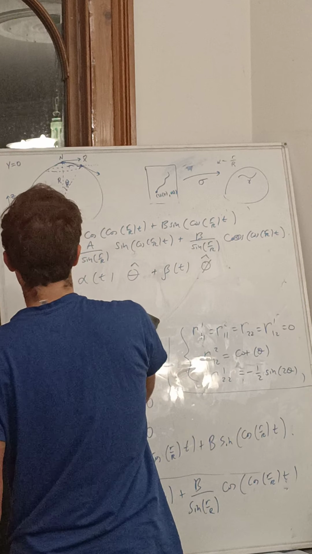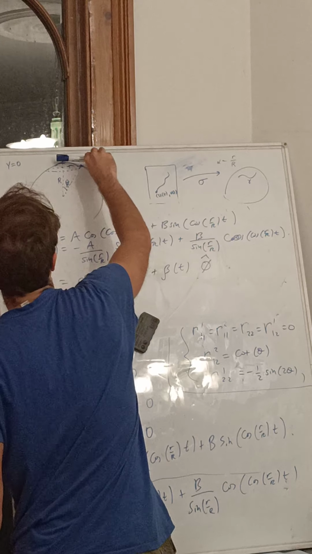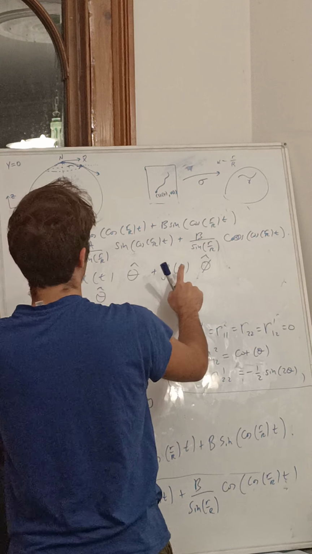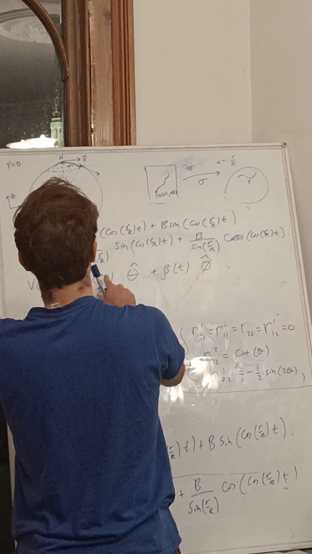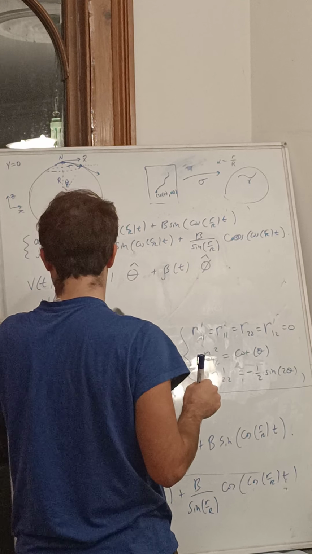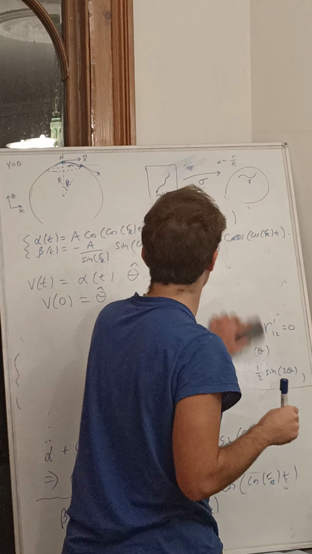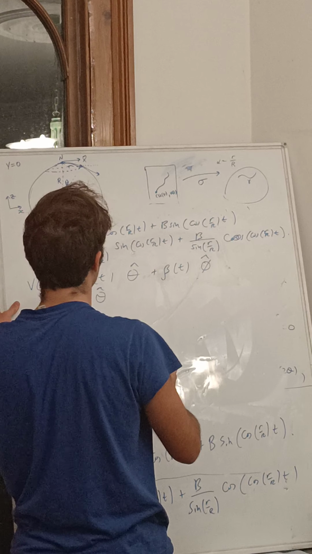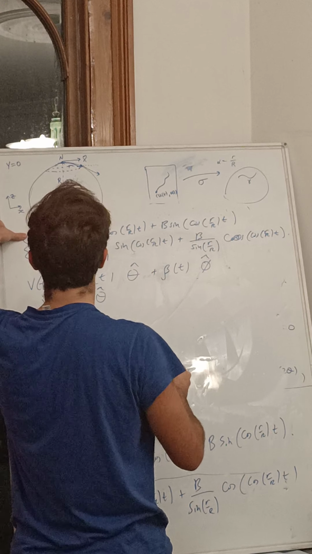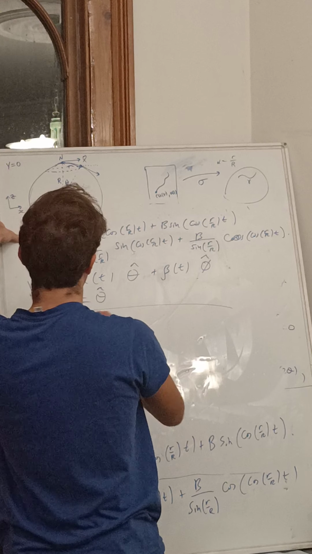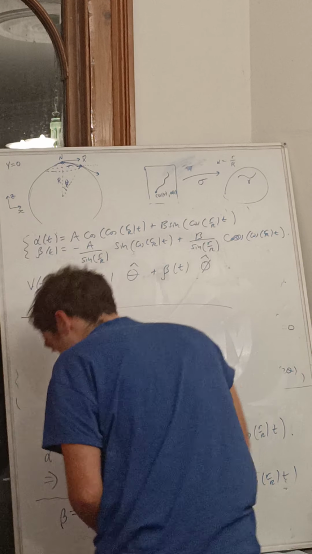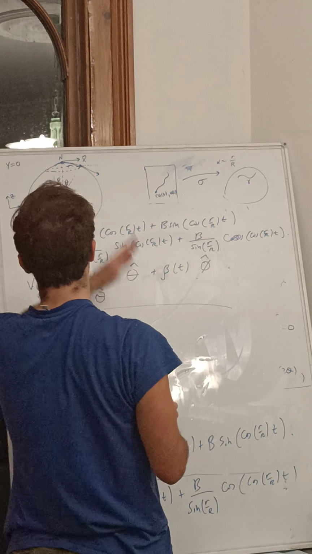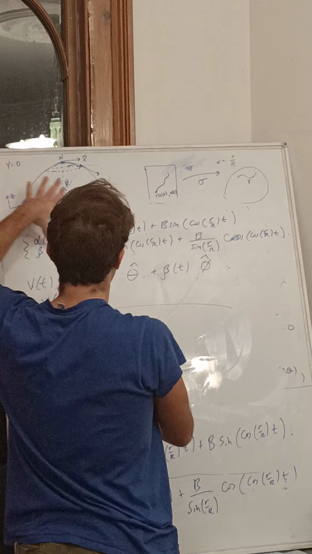Okay, now at t equal to 0, my unit vector is nothing but theta hat, right? So I know that beta at 0 must be 0 and alpha at 0 must be 1. Okay, so that gives me a value for a and b, right? So do this for beta first. Beta of 0 is 0.